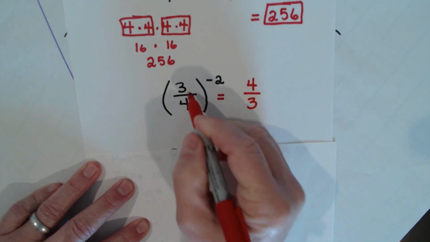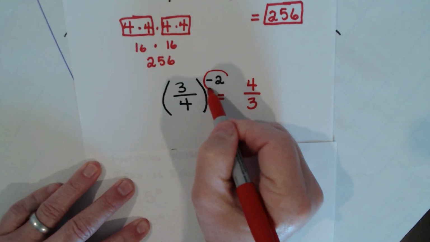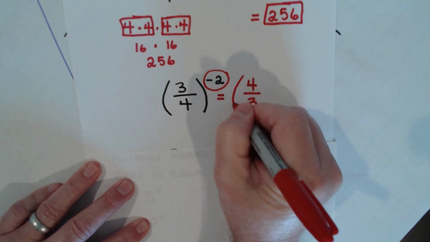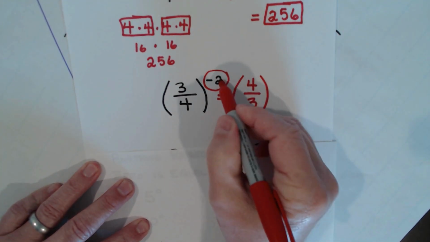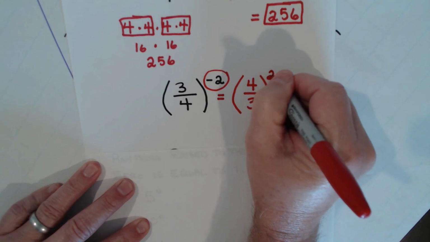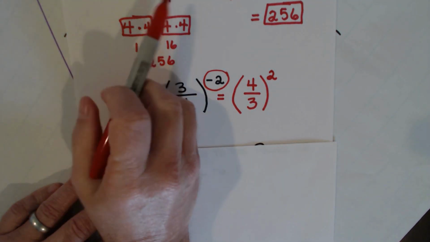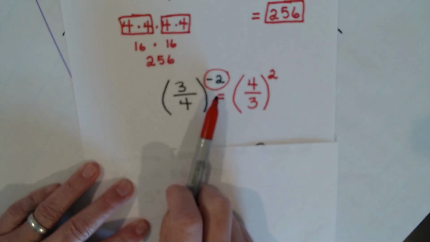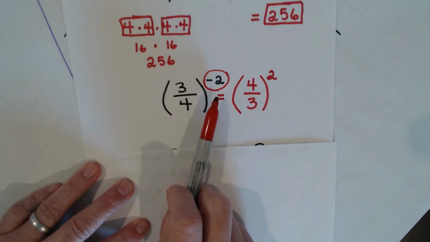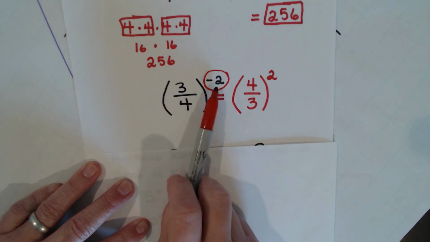And anytime I flip a fraction, guess what happens to the exponent? I change the sign of that exponent. It starts off as a -2 and changes to a +2. So it doesn't matter if it's on the inside or on the outside of the parentheses. As soon as I flip that fraction, I change the sign of that exponent.